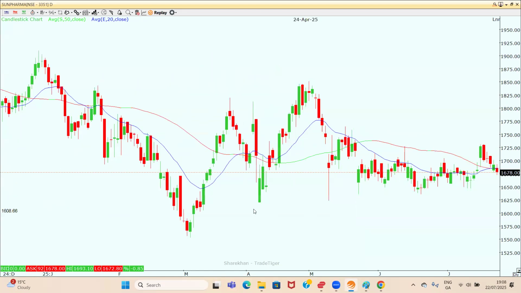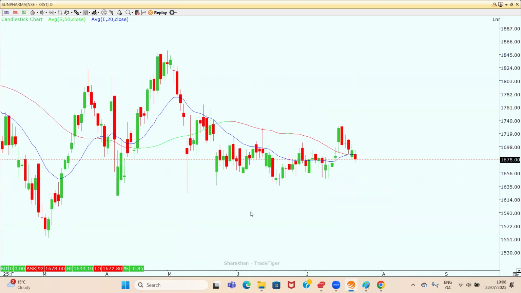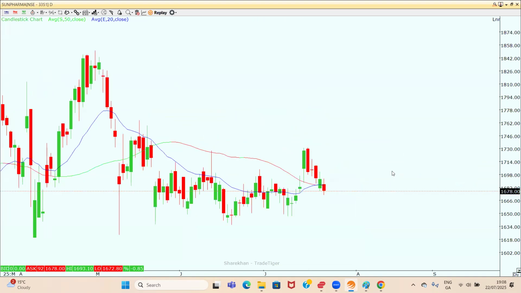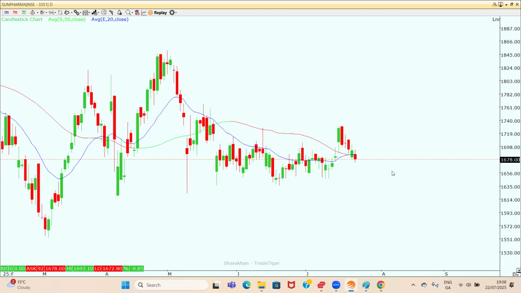So Sun Pharma, as we all know, it's a pharma sector stock, and it is one of the heavyweights of the pharma sector.